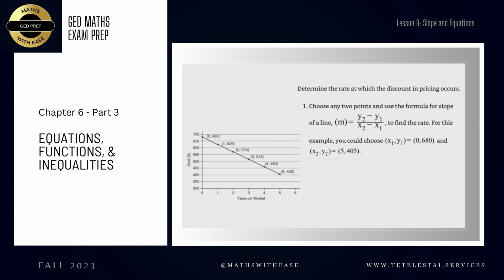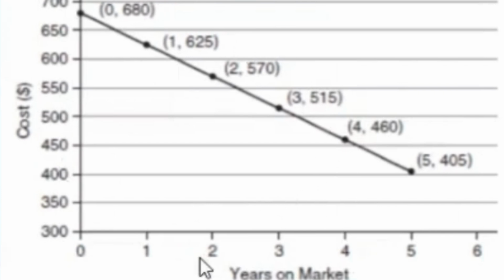Well, we know that this graph is giving us information about a phone that's been on the market for 5 years, and it's also giving us information about the cost of the phone based on what year we're looking at on the graph, right? So we know that we can use this information to find the unit measure or the slope.